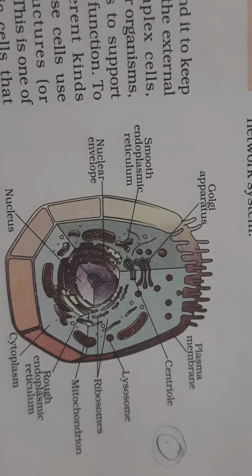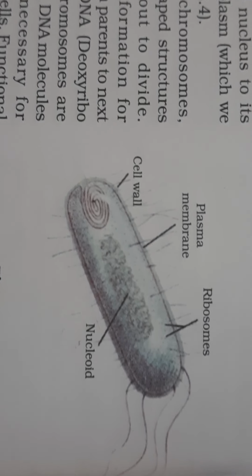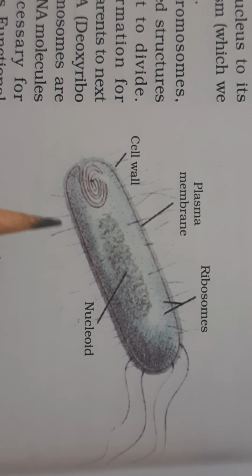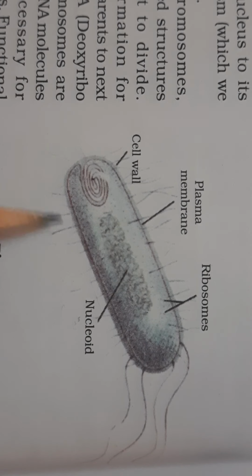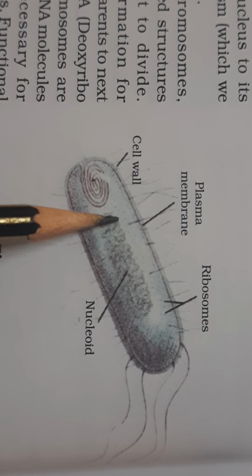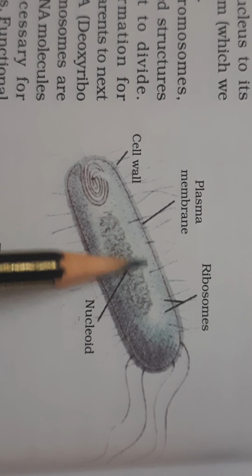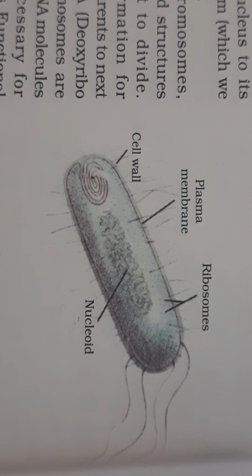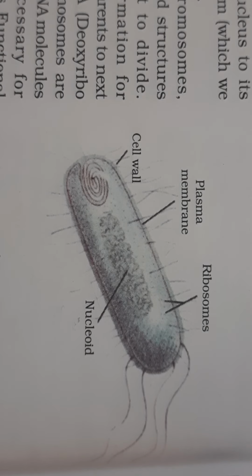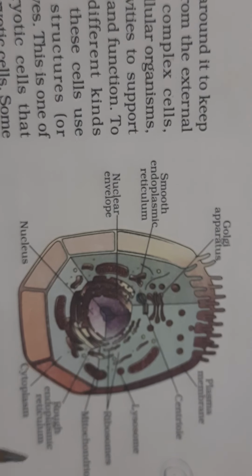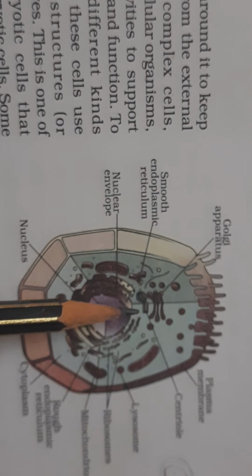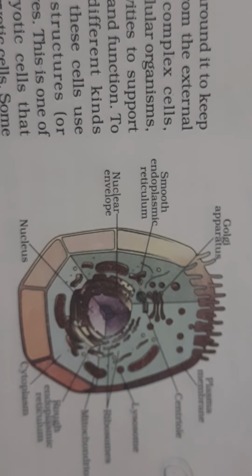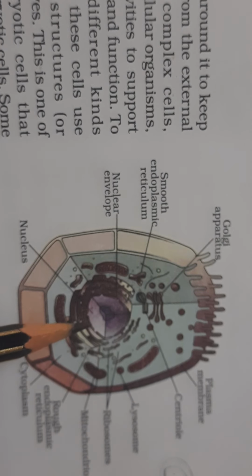Just now I told you that in a prokaryotic cell, here in the figure also you can see, there are no proper membrane bound organelles. It has a cell wall and a plasma membrane, but inside there are no membranes found. Now in this eukaryotic cell, you will be able to see various kinds of cell organelles. One of the most important cell organelles I explained in the previous video, that was the nucleus.